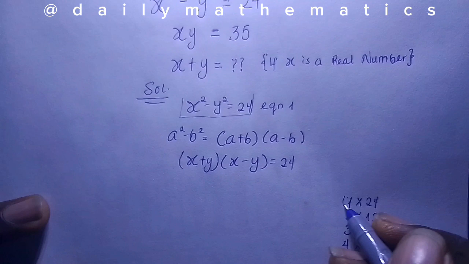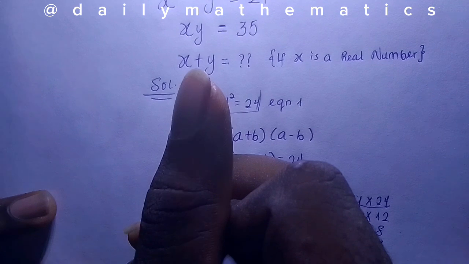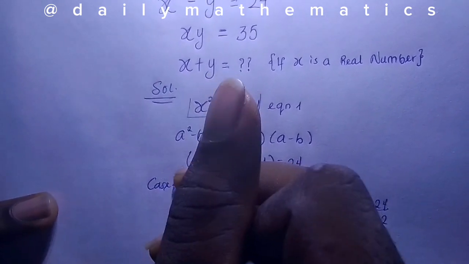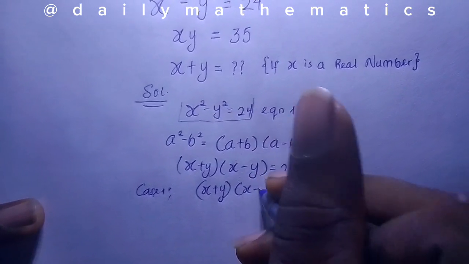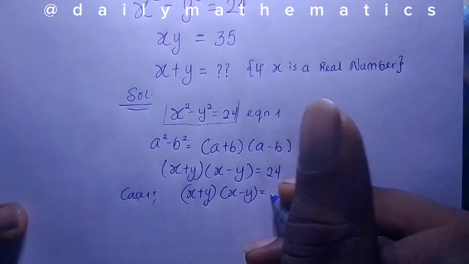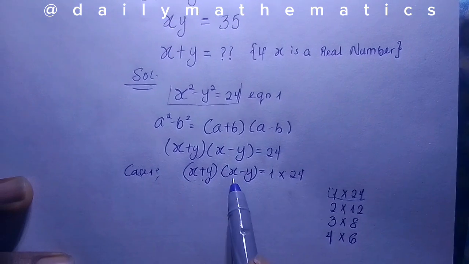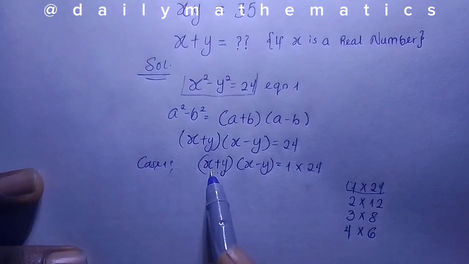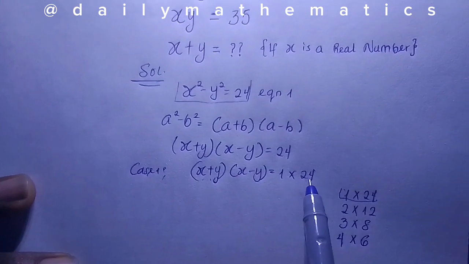So using these, let me name it case 1. We have x plus y, x minus y equals 1 times 24. As usual, x plus y is greater than x minus y, so we equate x plus y to the greater factor of 24.